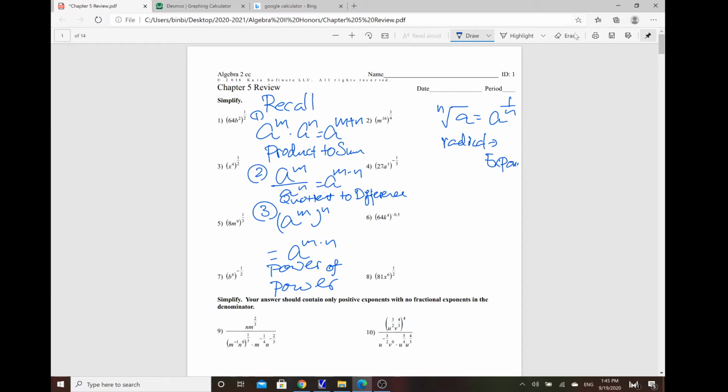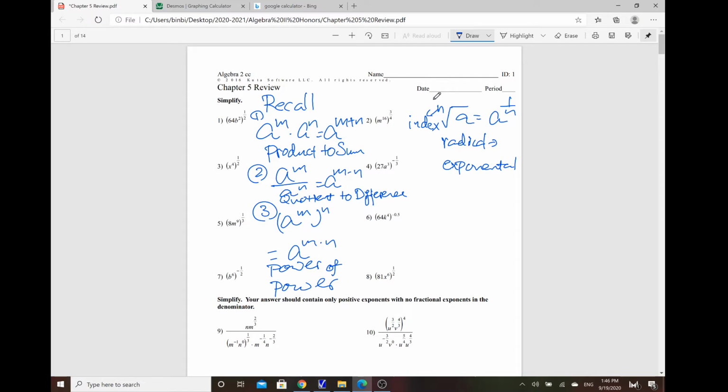Let me rewrite that here. Exponential form. That means you want to convert the number here as a reciprocal. The number outside the radical is called the index number.